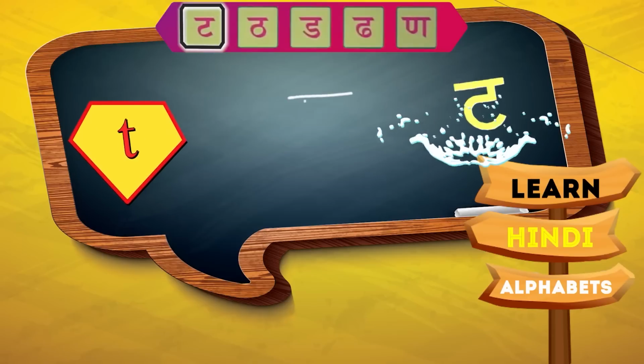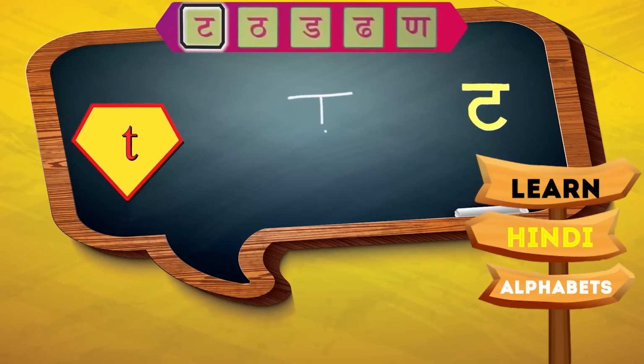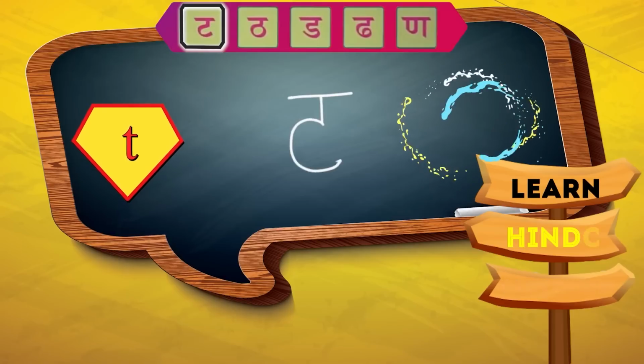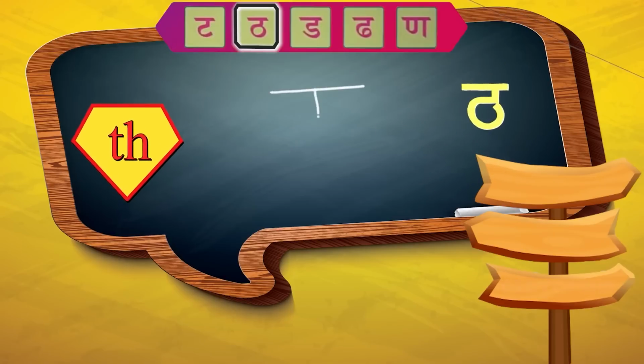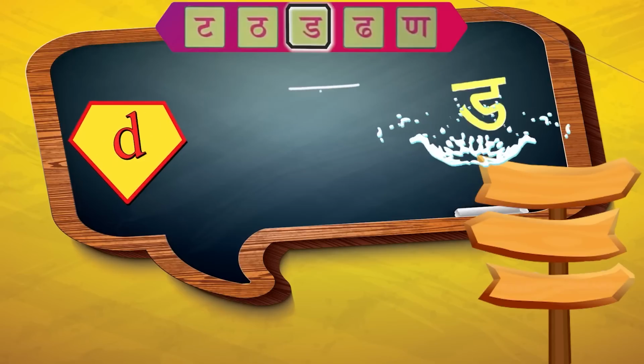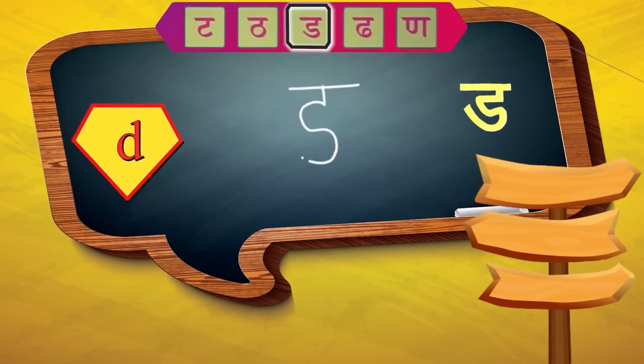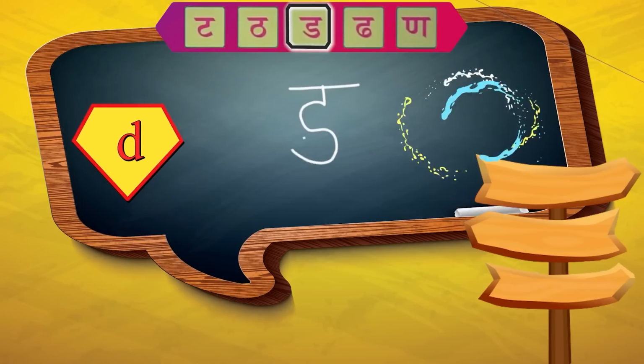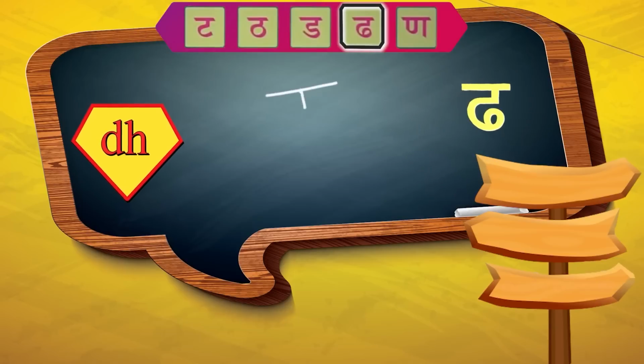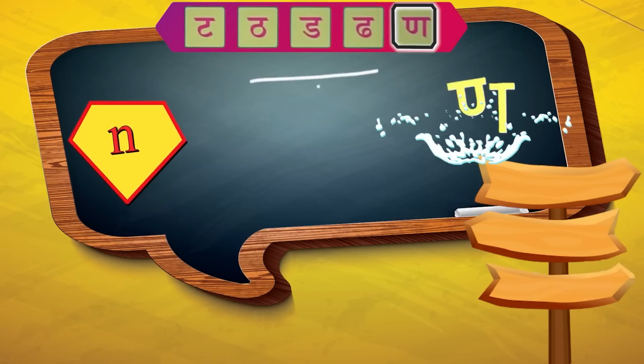This is T. This is tha. This is da. This is dha. This is ra.